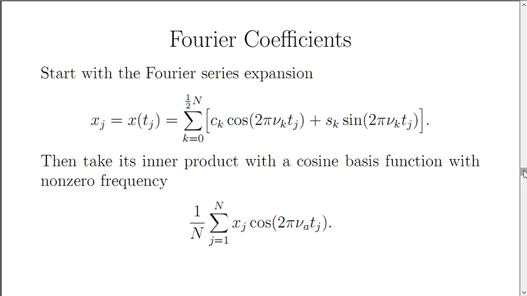If we start with the Fourier series expansion, we say that our data is some sum of coefficients times basis functions. Let's take its inner product with a cosine basis function at a non-zero frequency. That's 1 divided by n of the sum of data values times our basis function, the cosine function.